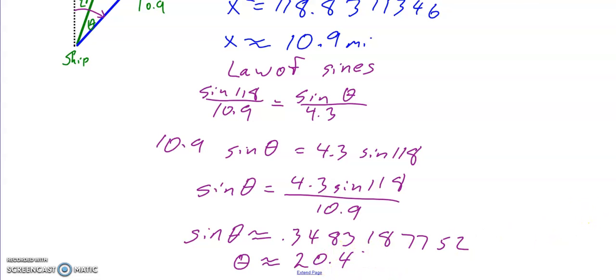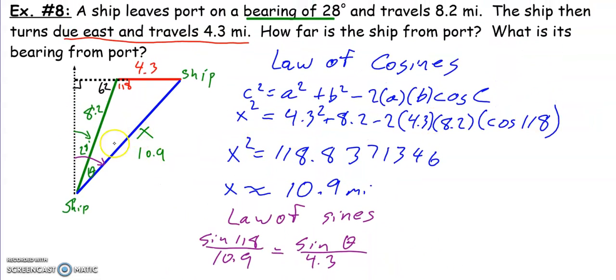Now we have to be careful. We have to look back and ask ourselves, what did it want? It wanted the bearing from port to the ship. It wanted this whole green one. What we found was this part of it.